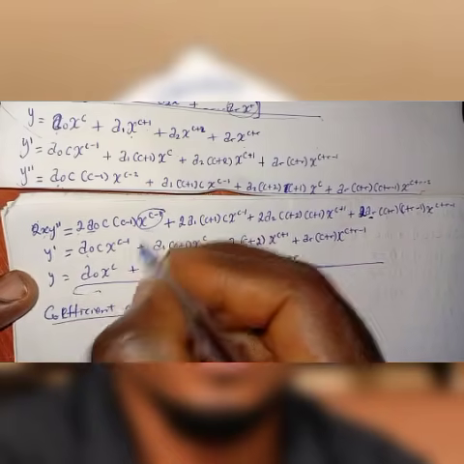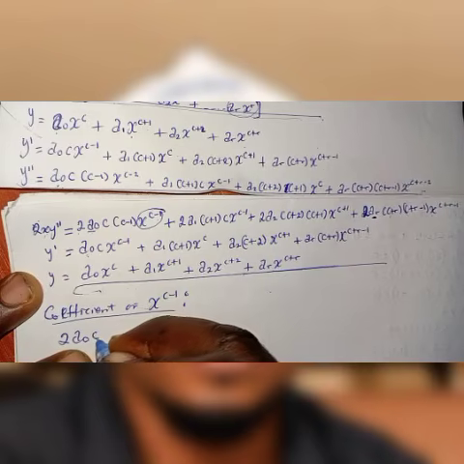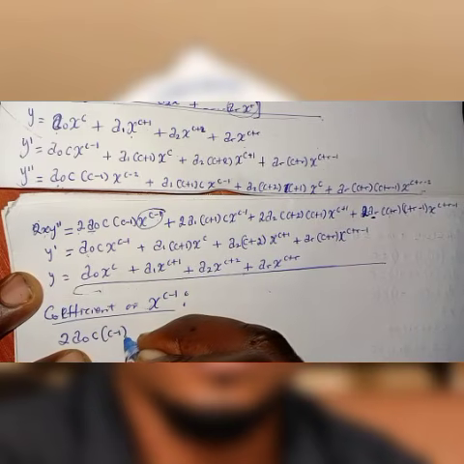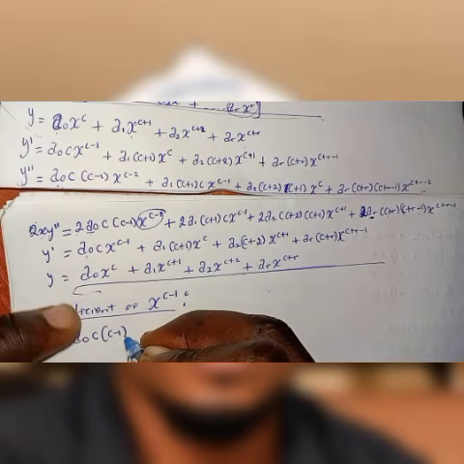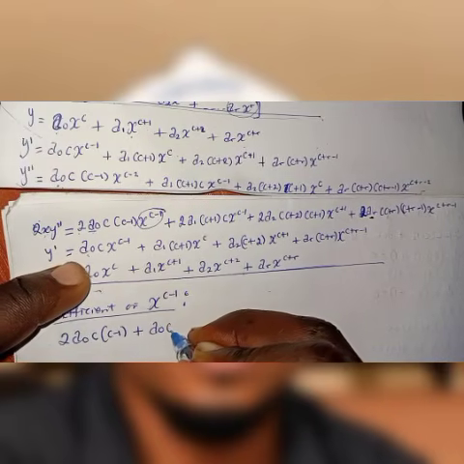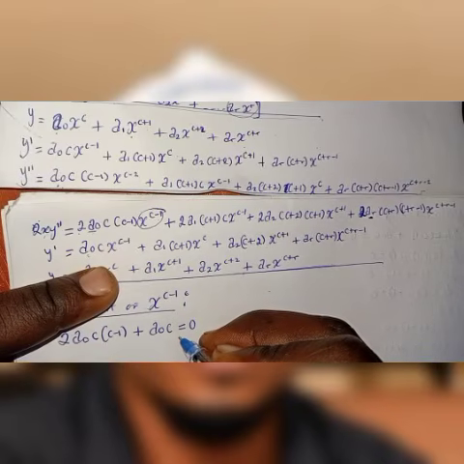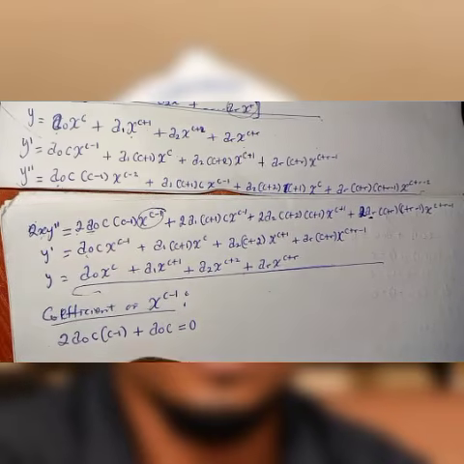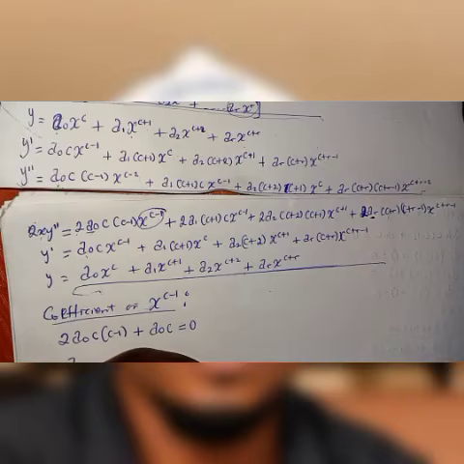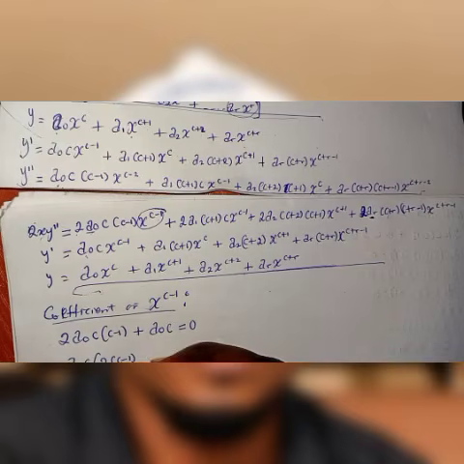Now from the first one, we have 2 a naught c minus 1. From the second one plus a naught c, that's for the second one, all equals to 0. Now I can see that a naught is common, c is also common. So you're going to have 2c minus 1 plus 1 equals to 0.